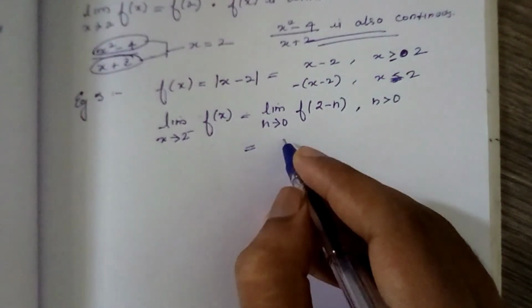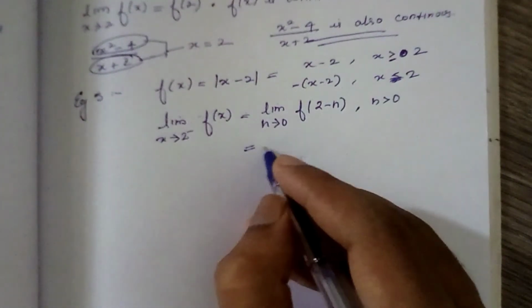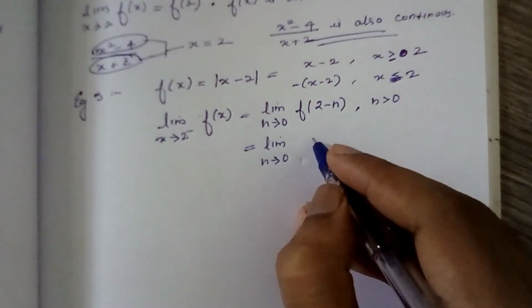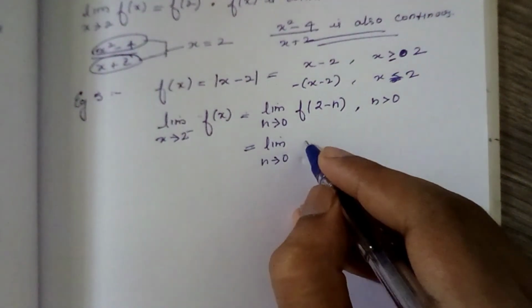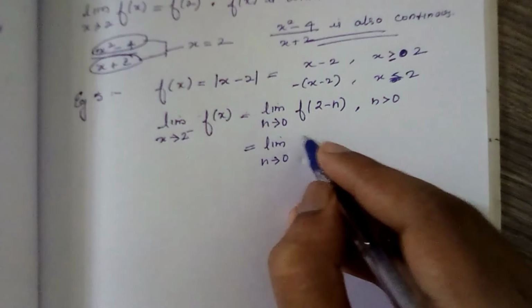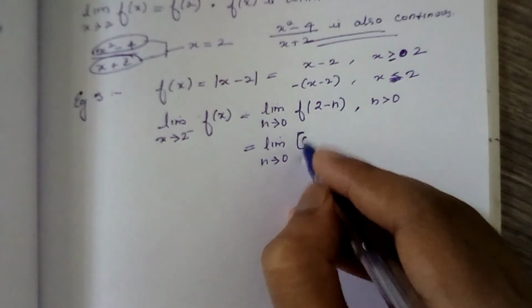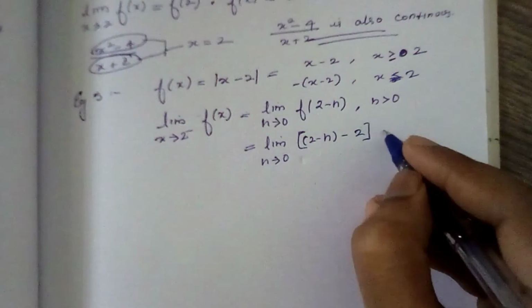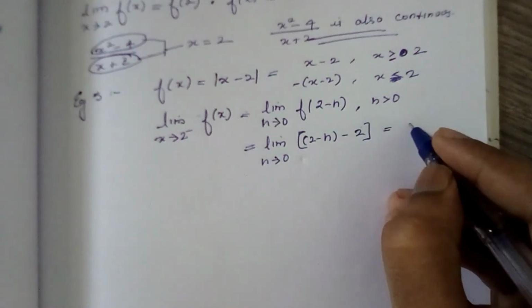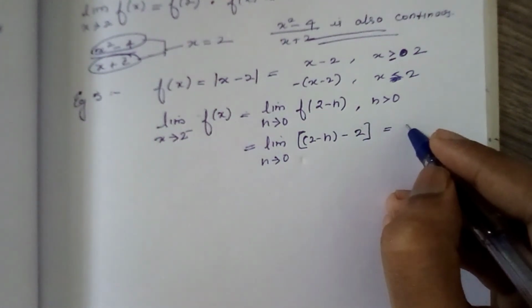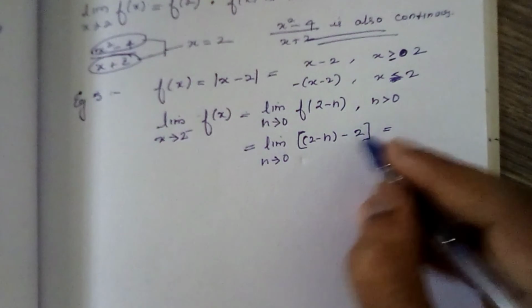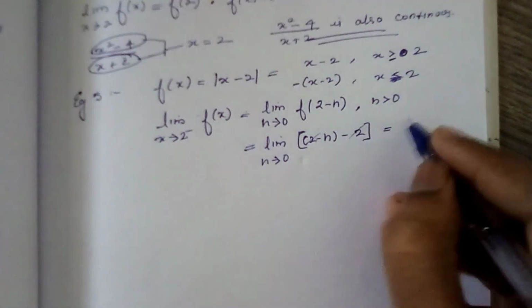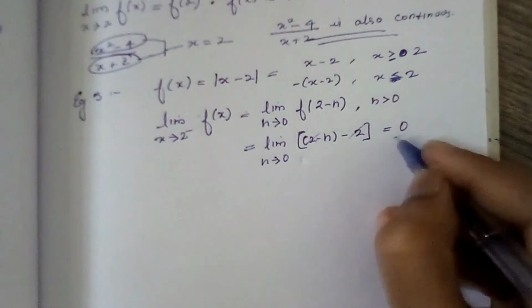Applying this, we get limit h tends to 0 of 2 minus h minus 2. Here 2 and 2 get cancelled and h will be left over, so we get the value as 0.